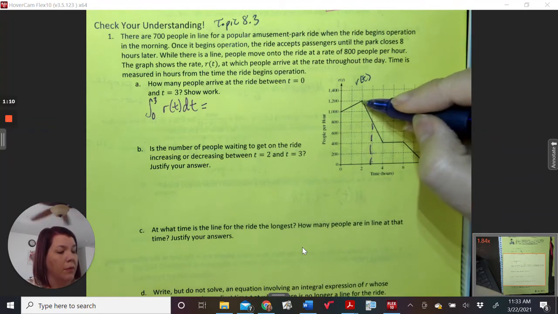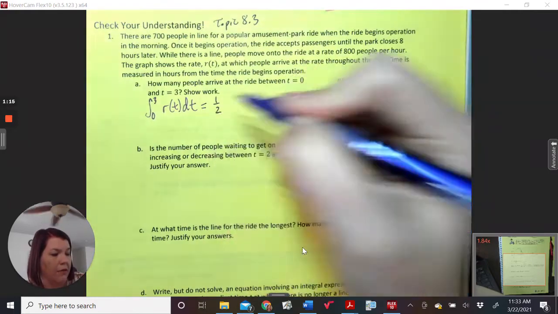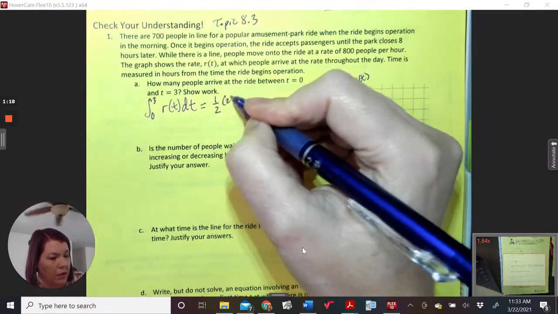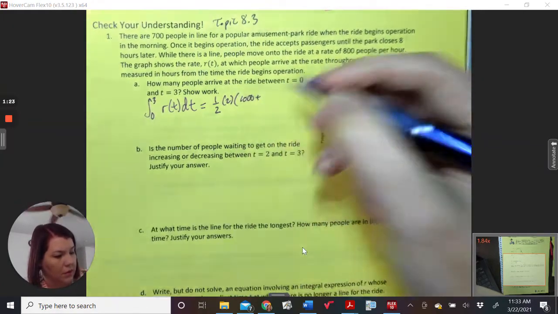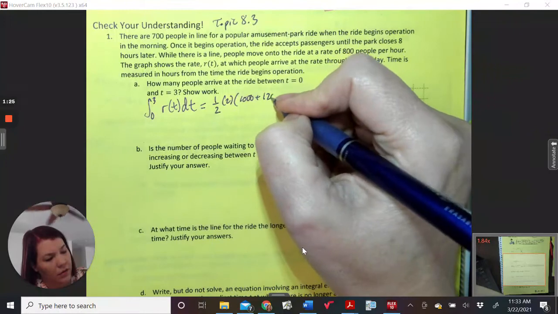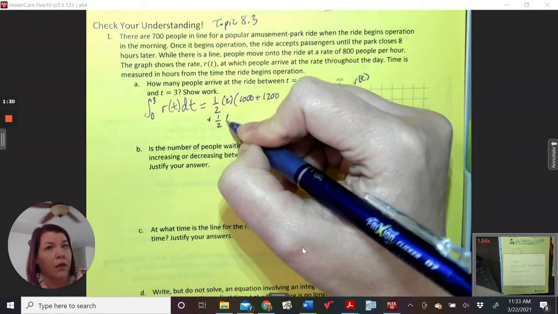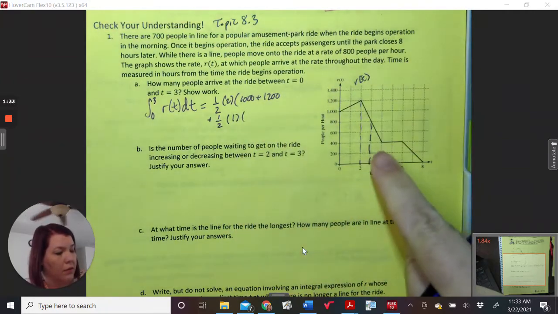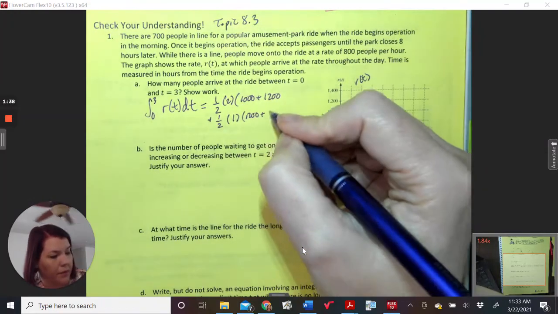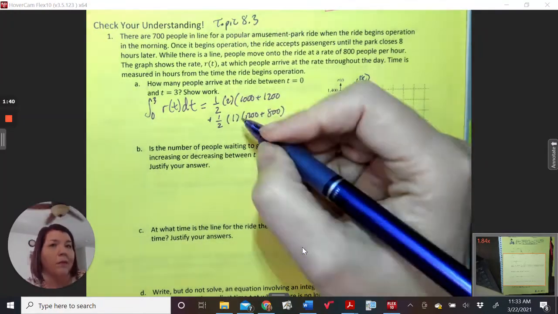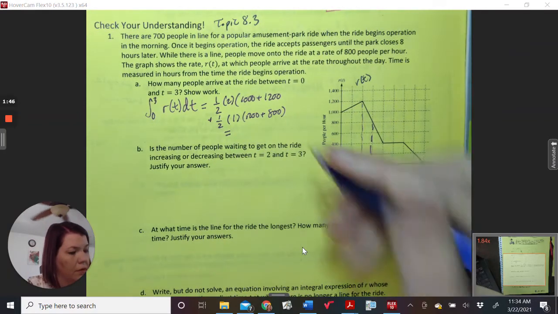So I'm going to do 2 trapezoids. That seems like the easiest choice. Trapezoid, trapezoid. This will be 1/2 times 2 wide times height of 1,000 plus height of 1,200, plus 1/2 times 1 wide times 1,200 plus 800, which is equal to 2,200.